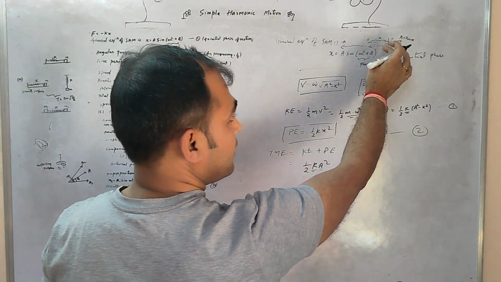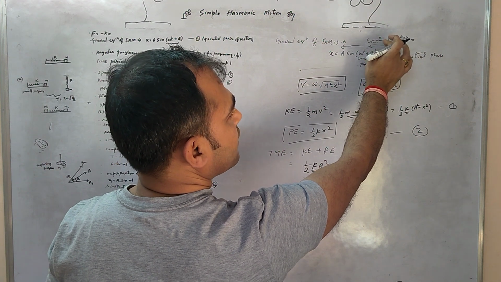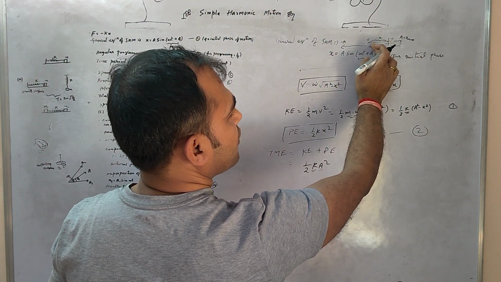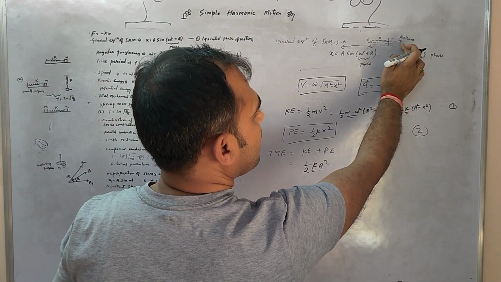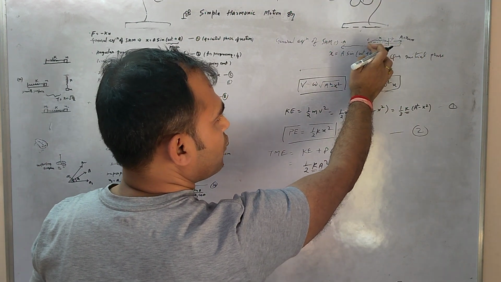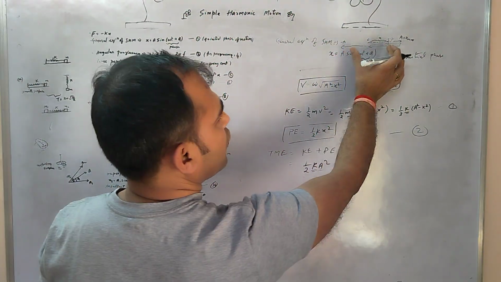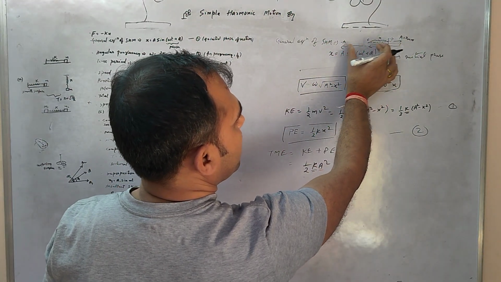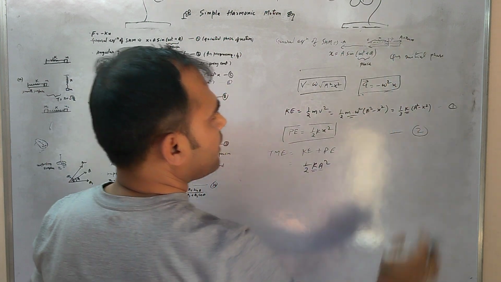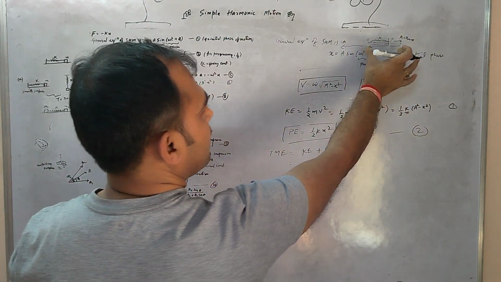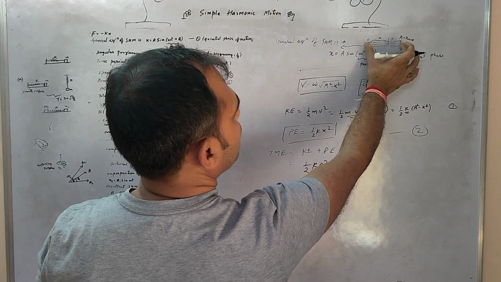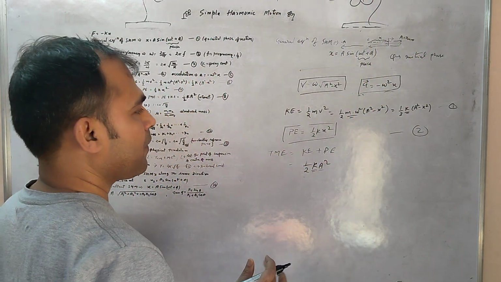Only the value of x changes, that keeps on oscillating between 0 to a, again 0 to minus a. So the value of x is varying from minus a to plus a, but a is the amplitude, which is constant for this particular motion.